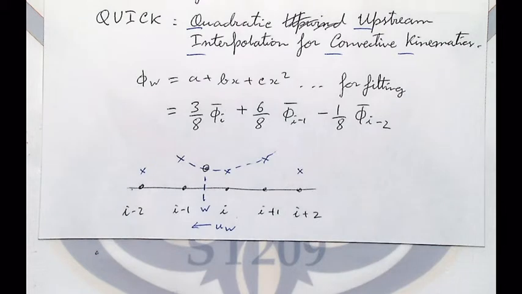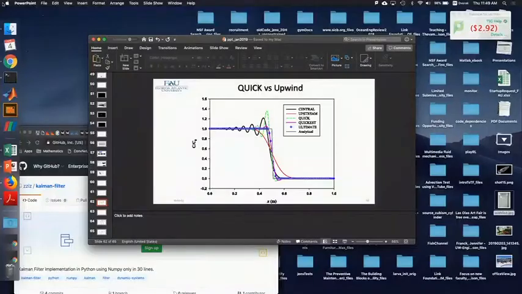And I think a lot of computations are done with QUICK because it's relatively simple and inexpensive. Any questions? Okay, so how does it compare in terms of accuracy? Let's look at a comparison of QUICK and upwind.